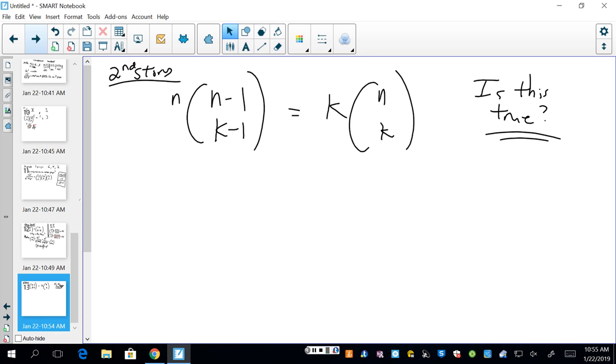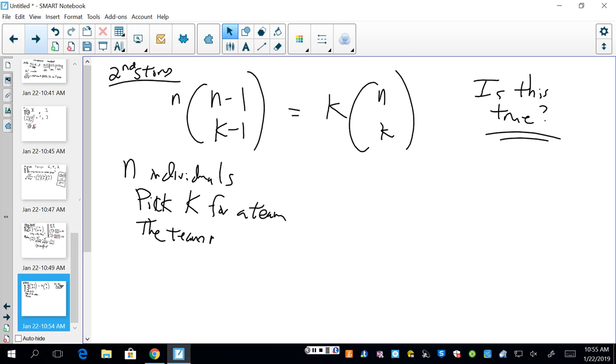Let's say we have eight individuals. Now we want to pick k for a team, and the team needs a captain. One of those k, not another person, one of those k is the captain. How many ways can we randomly pick k people for the team and make one of them the captain?